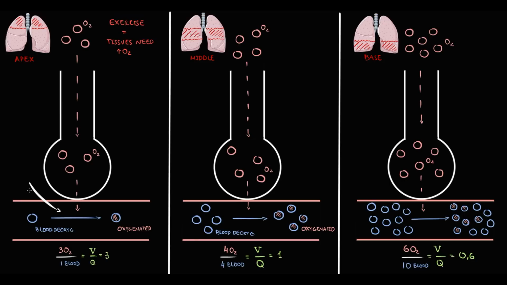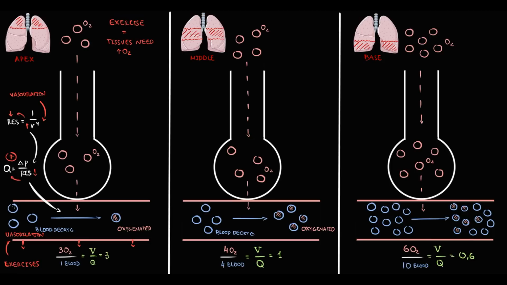From physiology, we know that blood flow is equal to the pressure difference divided by resistance, and resistance is inversely proportional to the fourth power of the radius. So, in response to exercise, our apical capillaries dilate. With vasodilation, the radius increases, resistance decreases, and with a decrease in resistance, blood flow increases.